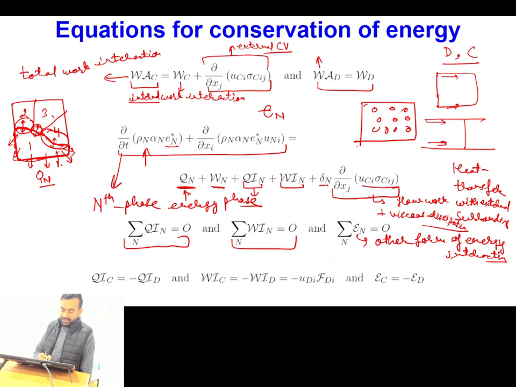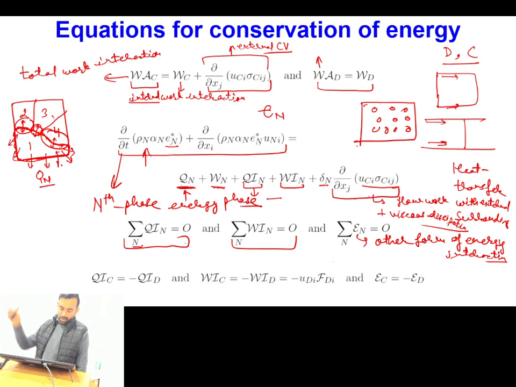Now, we know that if I write down this equation, nth phase equation for all the phases present in our system, and if I take their summation, then I will be getting summation of Qin. So, summation of Qin over the n number of phases has to be equal to 0, because if one phase is receiving heat, other will be losing heat.